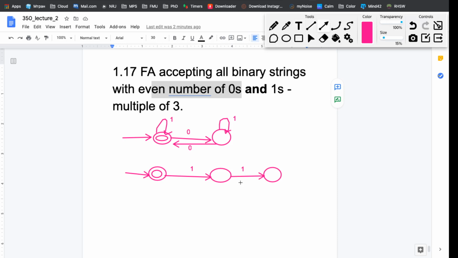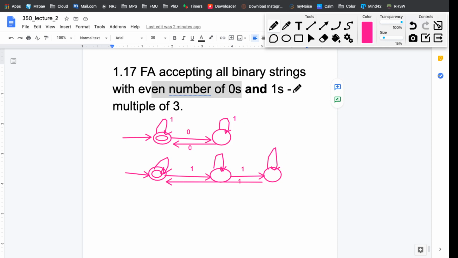And now we're going to go over here on 1. Same thing with looping on 0. I'm not even going to label those edges, those are zeros. Okay, hope it makes sense. Yeah, so now we have them, right?